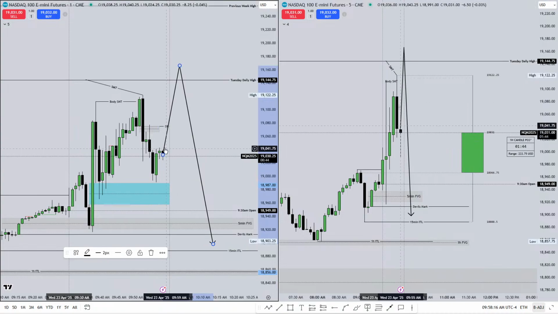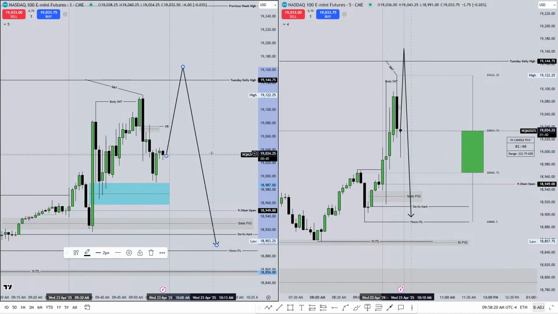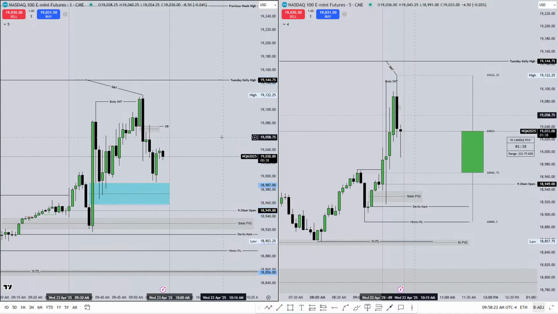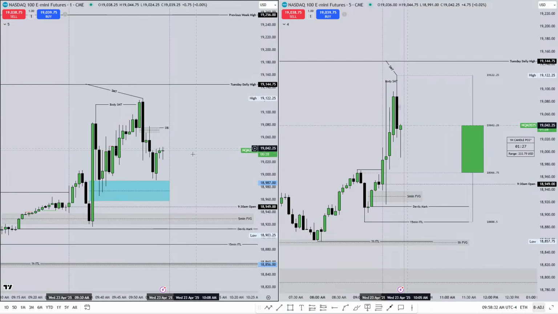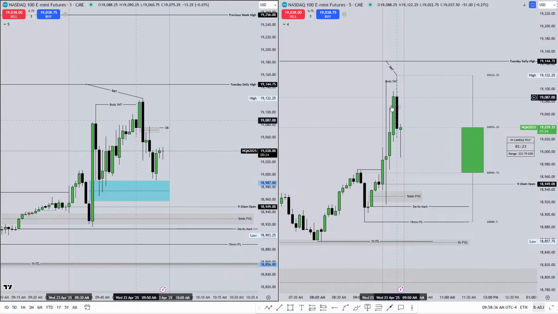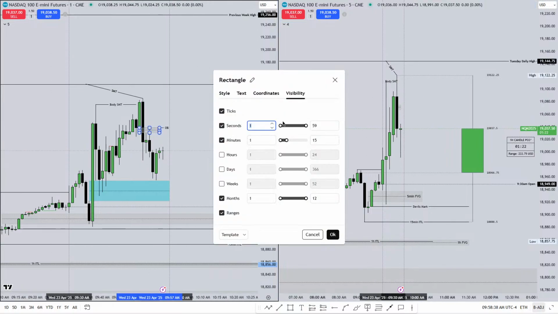So it's like expecting initial manipulation on the hourly wick. So that's why it's smart to wait for 10 a.m. Definitely used to get smoked a lot, not understanding that. But you gotta lose to learn.